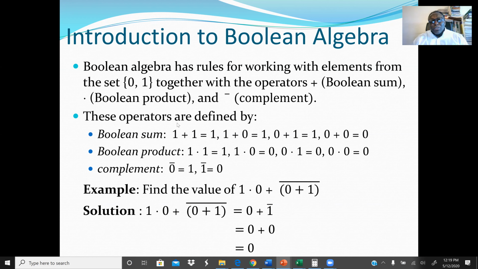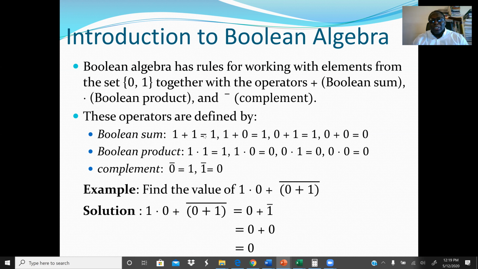So let's go through the example given to us about operators. In the Boolean sum, we can say 1 plus 1 is equal to 1. You can see here we didn't say 2, because as we said earlier, the Boolean algebra uses only 2 digits, 0 and 1. So I cannot say 1 plus 1 is 2.